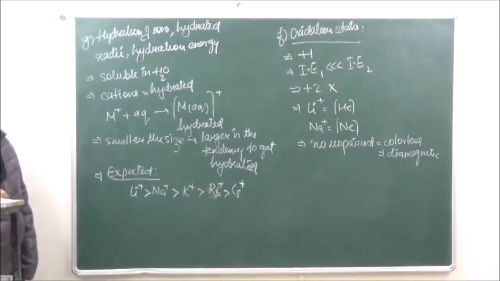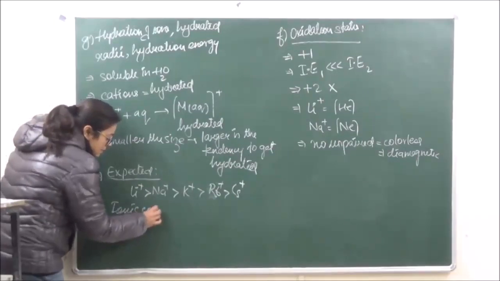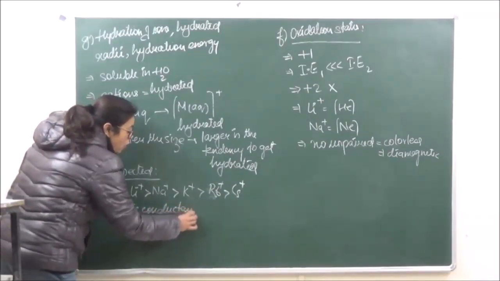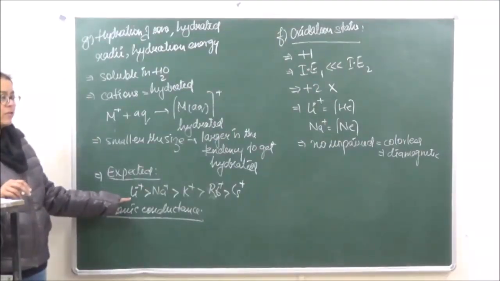Now what happens to the ionic conductance? It is seen that the larger the size, the smaller is going to be the conductivity. So ionic conductance should follow an opposite trend to the size of the hydrated ion.